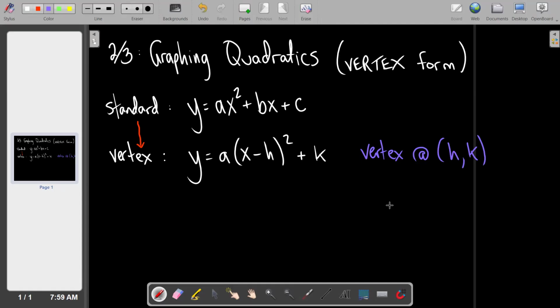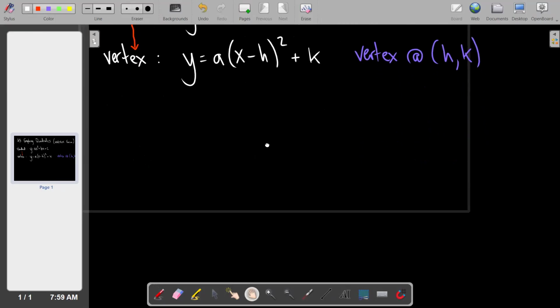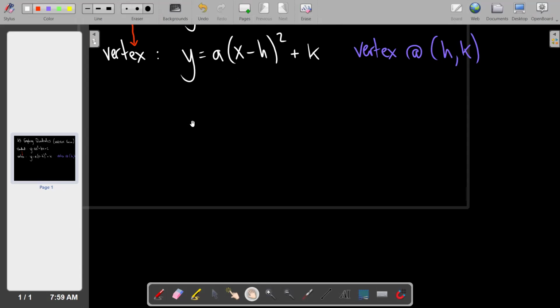So for example, and I'll just sketch with you since I didn't give you graph paper today. So I'll just kind of do what you're doing and I'll just sketch on blank paper like this. So if I gave you a quadratic like this, if I said y equals 2 times (x minus 3) squared minus 1, you know the vertex before you're done writing it down.